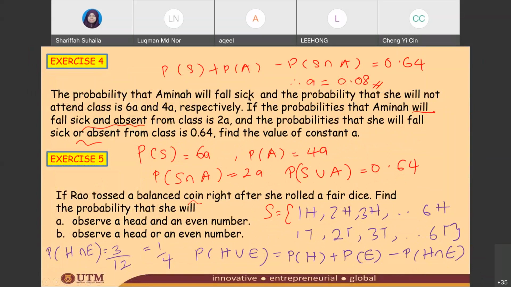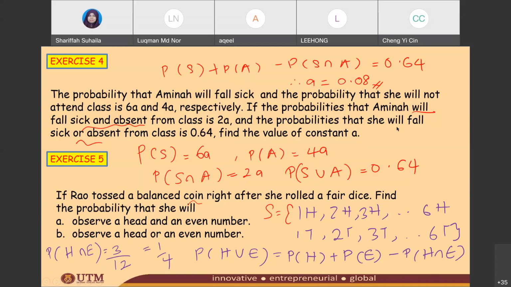Let S be fall sick, 6A, and let A be absent, 4A. If the probability that Aminah will fall sick and be absent from class, meaning will not attend, so the intersection S intersect A, is 2A.